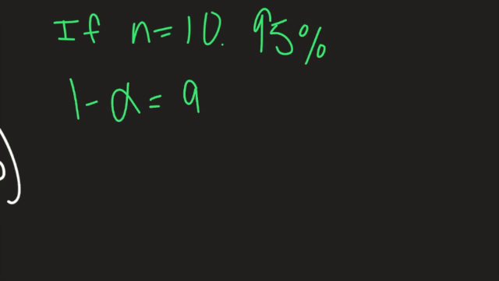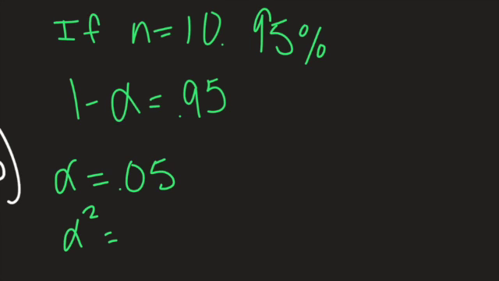So 95% in decimal form is 0.95. If I know that 1 minus alpha equals it, that means my alpha is 0.05. Just like that n squared, I want that alpha over 2. Therefore, I take half of that, and I get 0.025.